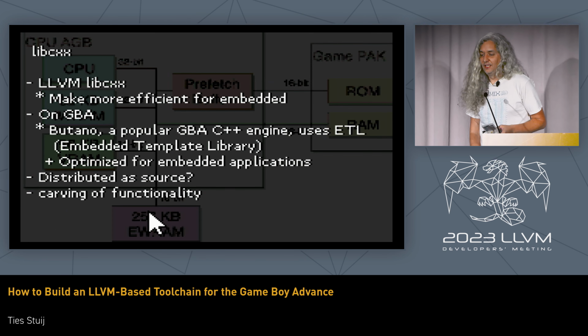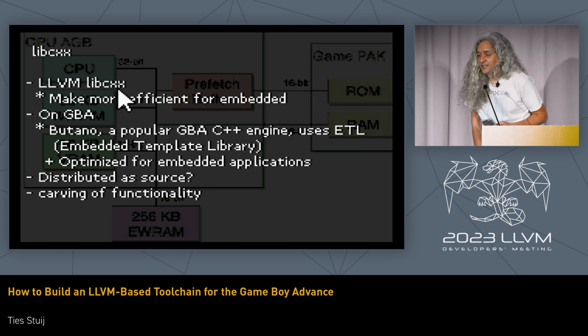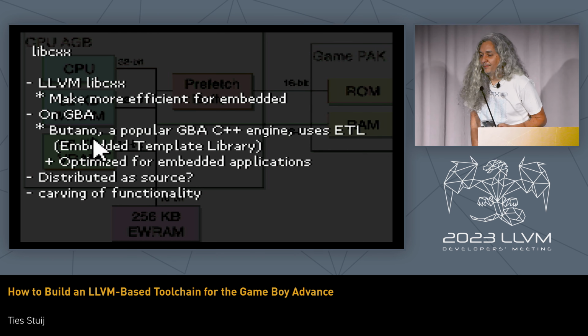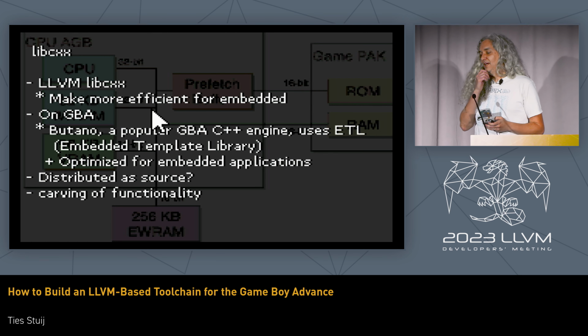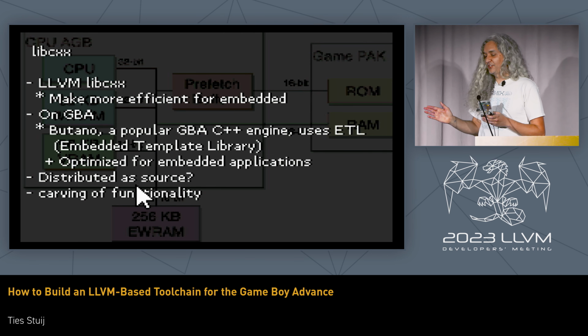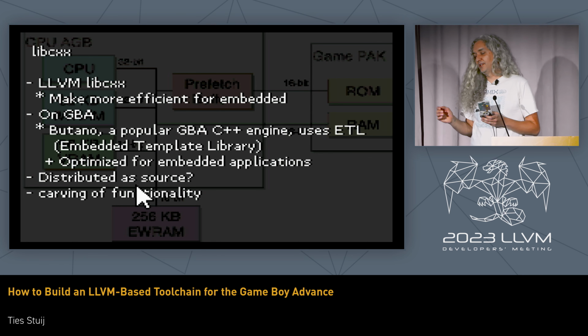Moving on to libcxx. So we're using the LLVM libc++ library. Not too much to say on this. Maybe there's again talks about making it more efficient for embedded. The Google people, I believe, have been trying to carve out certain functionality that you need to be using.